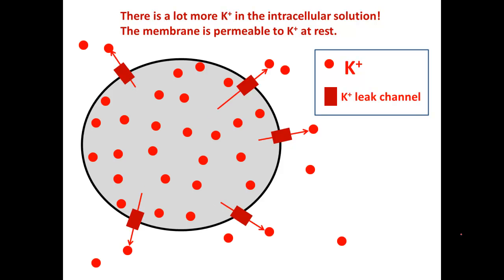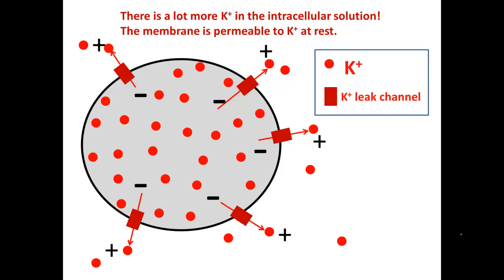So potassium is going to move out of the cell through these open channels, down its concentration gradient. Since potassium ions are positively charged, when that potassium leaves, it brings its positive charge with it. So as potassium leaves, the inside of the membrane becomes increasingly negative, and the outside becomes increasingly positive.